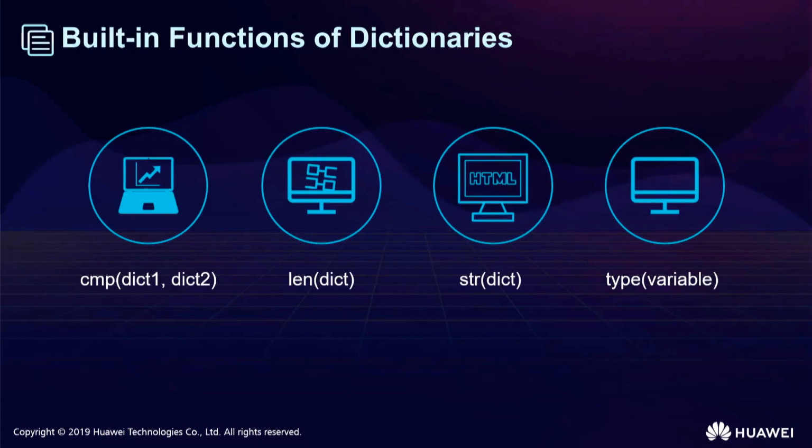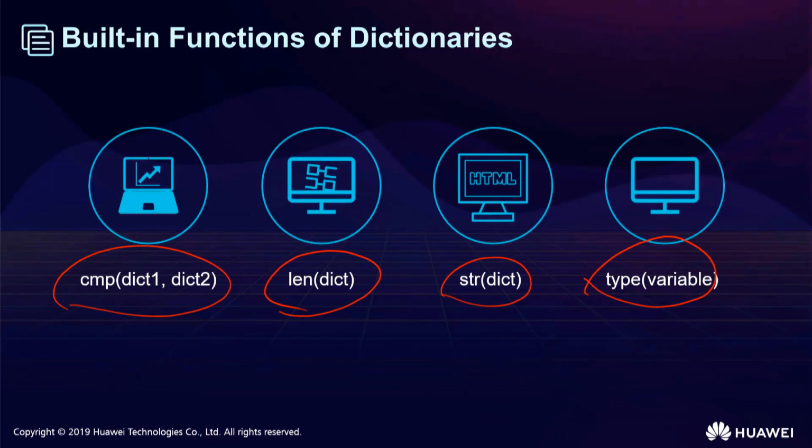There are many built-in functions for dictionaries, such as comparing two dictionaries, getting the length of the keys, and outputting the printable string expression of a dictionary, and type, which returns the type of the input variable and returns the dictionary type if the variable is a dictionary.